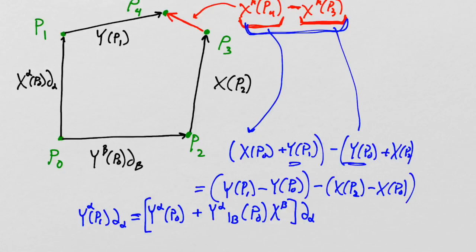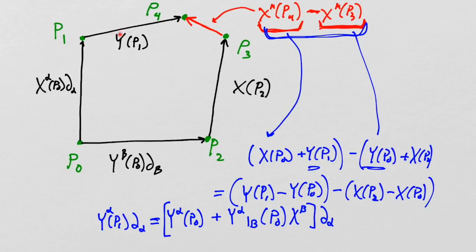So let's start with this one right here, the vector field at P1, this vector here. How do we estimate that vector based on only information from P0? This is the formula we're going to use.